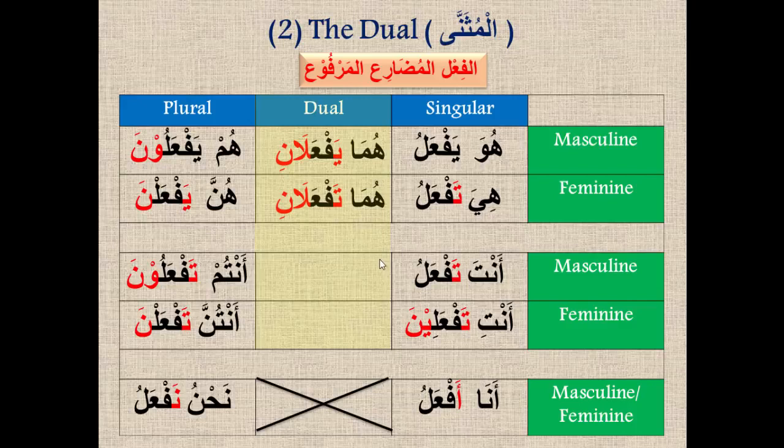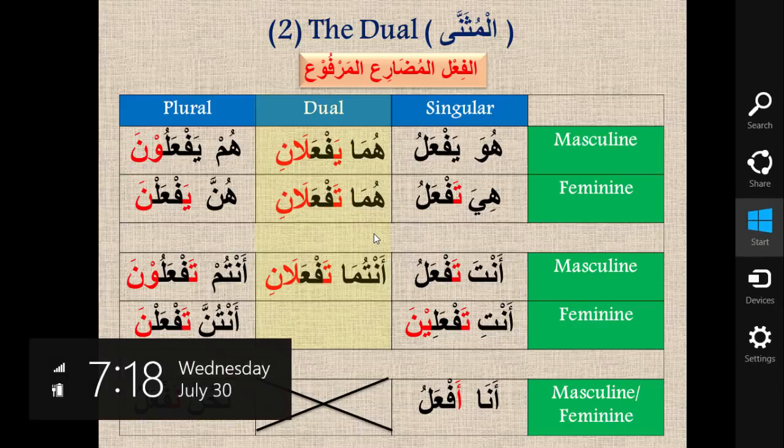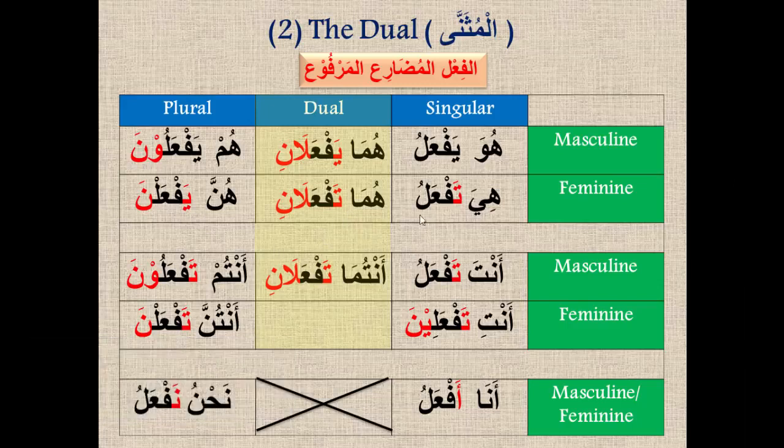For the second person dual pronouns, anta taf'alu, antuma taf'alani. And this is also the same verb that we would use in the feminine case. Antuma taf'alani. So you'll notice that the verb taf'alani is repeated a total of 3 times in our chart.